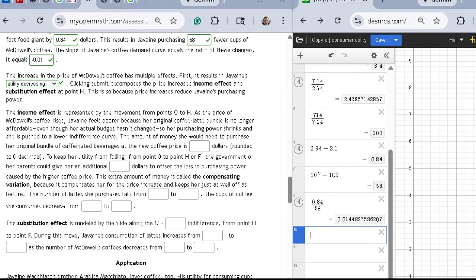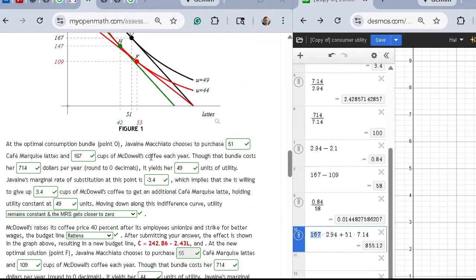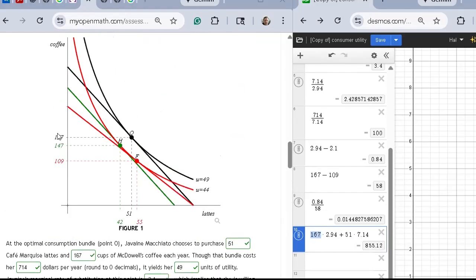The amount of money she would need to purchase her original bundle of caffeinated beverages at the new coffee price is what? At her original bundle, she's purchasing 167 coffees and 51 lattes. The original latte price is 7.14. It did not change. But the coffee price did change. It changed to 2.94.